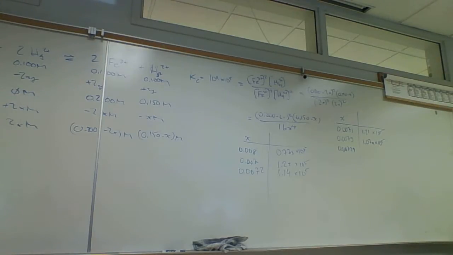729 times 2 minus 0.2 squared divided by, I'll just do divided by 16 times 0.15. Oops.